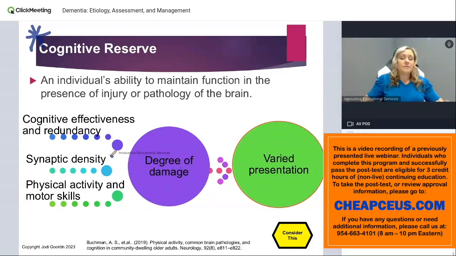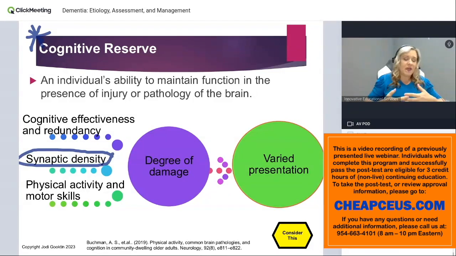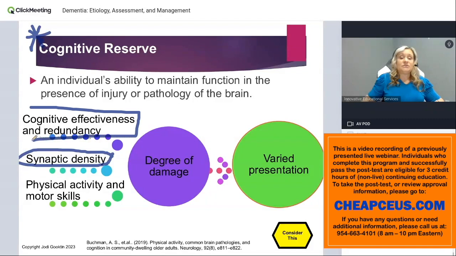They think one of them may just be synaptic density. I think of this like the hardware. Maybe some individuals have just better hardware to start off with. Another component is looking at cognitive effectiveness or redundancy. So think of this like the software. So this is the individual who has a richness of language over their life. They have occupational complexity. They have a lot of social engagement.